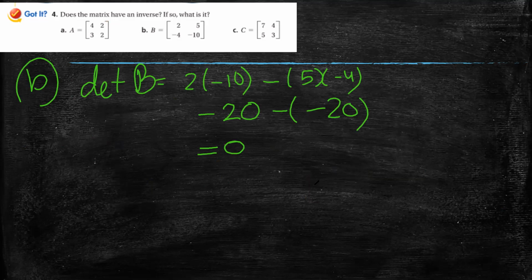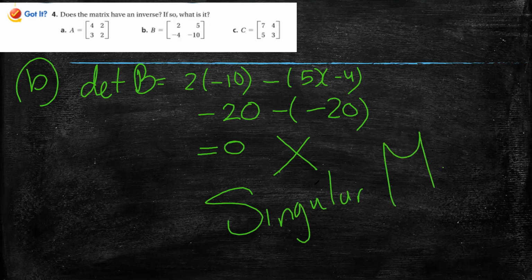It does not have an inverse because it is 0. So I will stop here and say that it is a singular matrix. Is it clear? Yes.